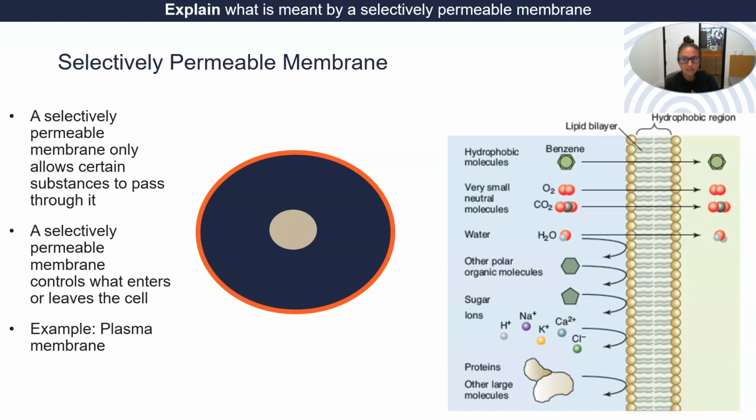Some things are allowed to pass and some are not. So this property of being fussy is called selectively permeable. Permeable means to let through, and selective means that it chooses what things to let through.